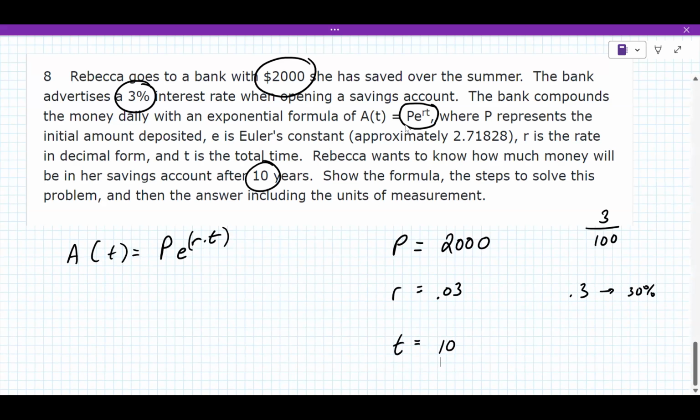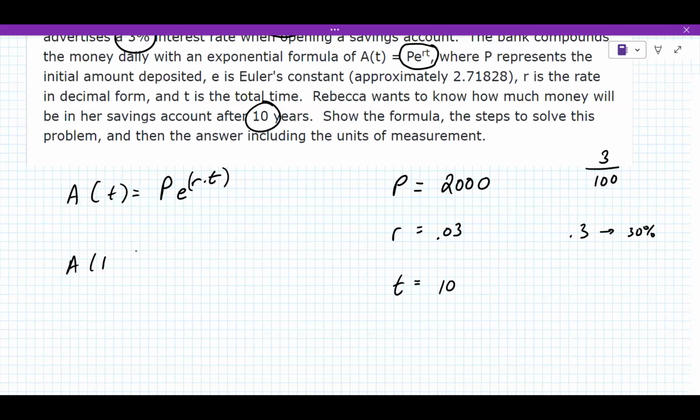So we're going to rewrite the formula here with T in it: 2,000 e to the 0.03 times T. Now we're going to evaluate for T equals 10.